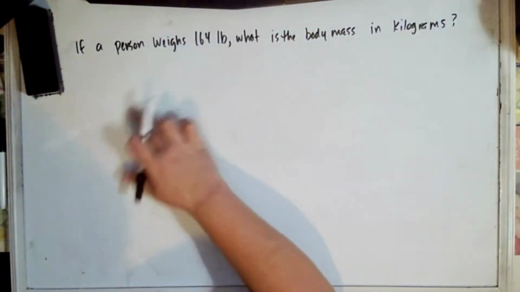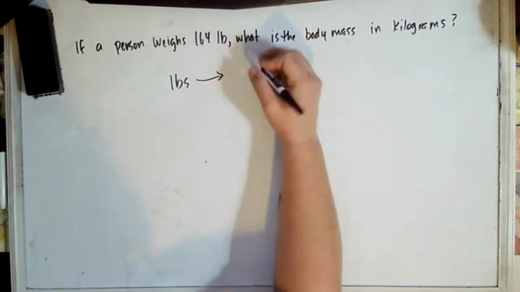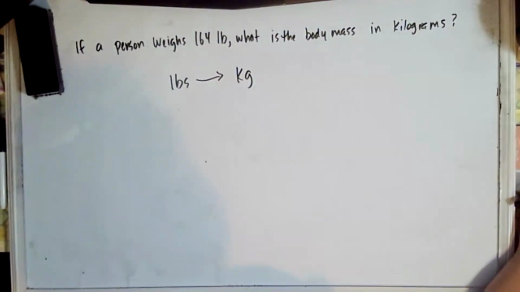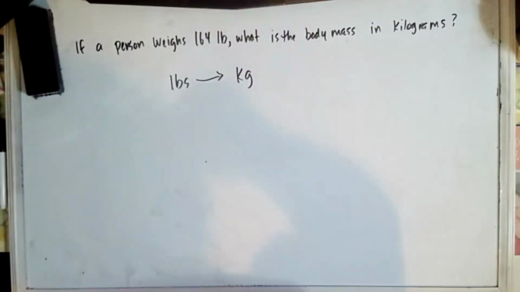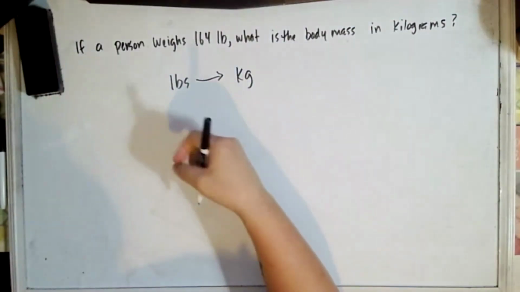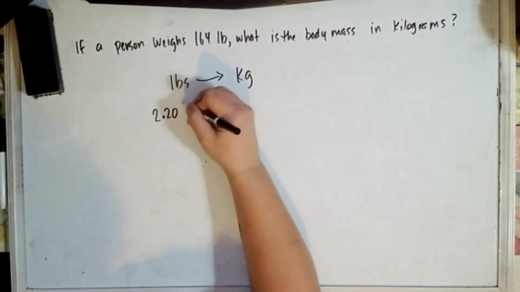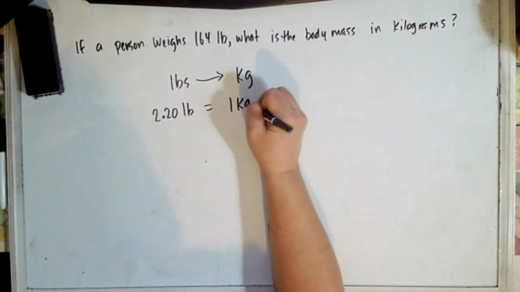So our goal is to go from pounds into kilograms. And so we want to look up the conversion factor that allows us to do that. You can look back at the table that we were using before. We've also used this conversion factor in some of the other examples. But our conversion factor that we need here is that for every 2.20 pounds, there's 1 kilogram.